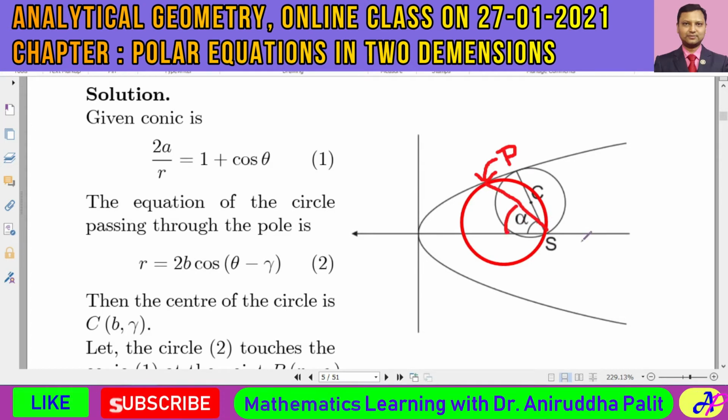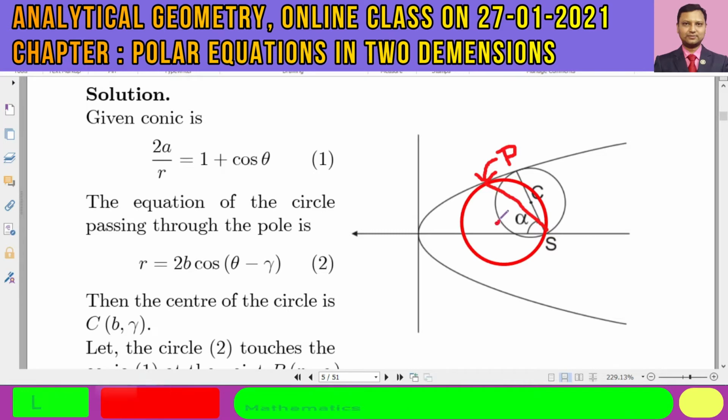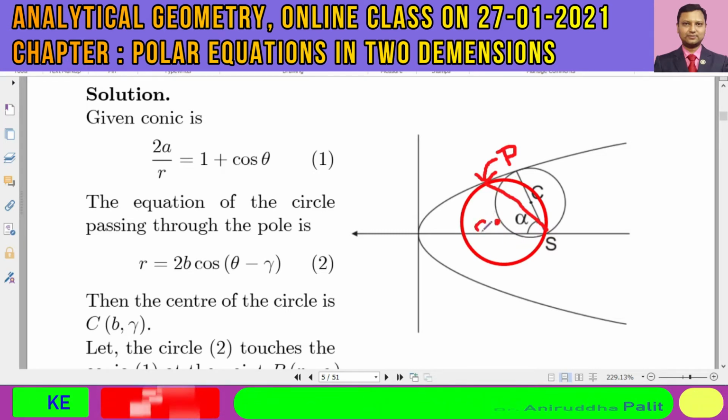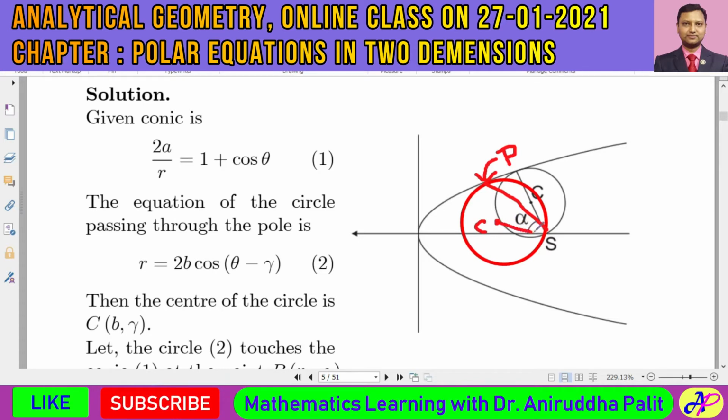And in that case, this would be the radius vector of the point, and therefore this would be the angle alpha. And what would be the center, from the picture, of this red circle? This kind of point would be the center.